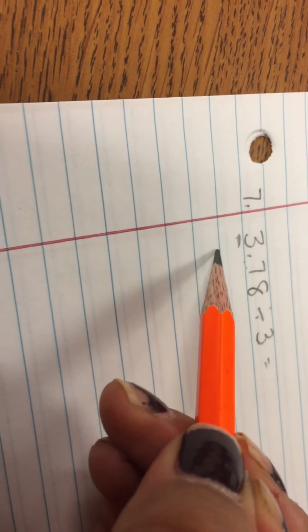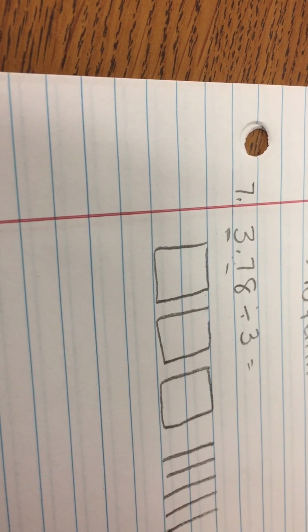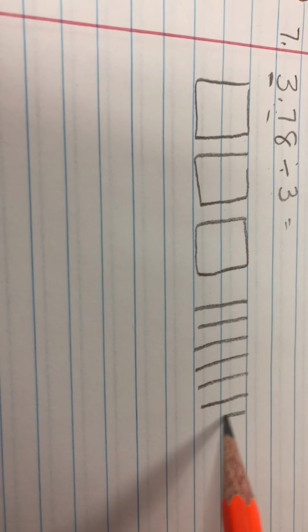Because there is a 3, we need to draw 3 ones. Because there is a 7, we need to draw 7 tenths, because the 7 is in the tenths place. 3, 4, 5, 6, 7.